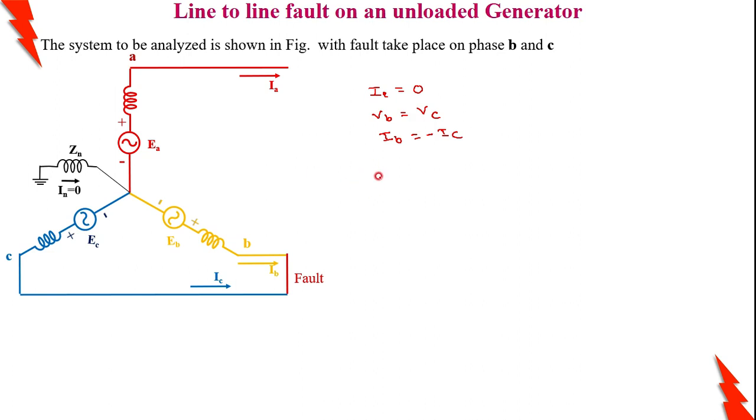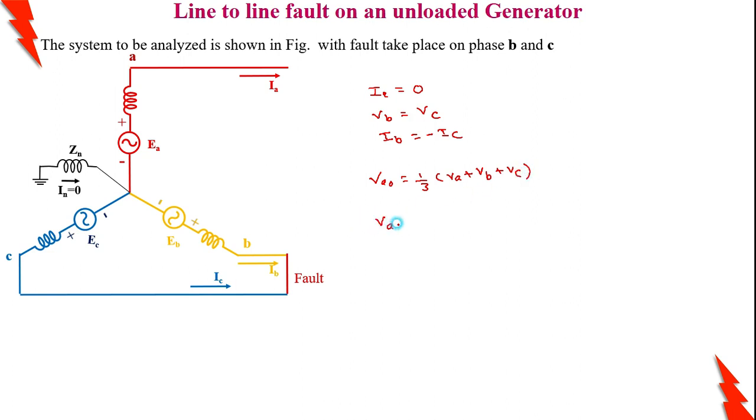Then if you look at the sequence voltage equations, VA0 in terms of VA, VB, VC is 1 by 3 (VA plus VB plus VC). I will keep it as it is.